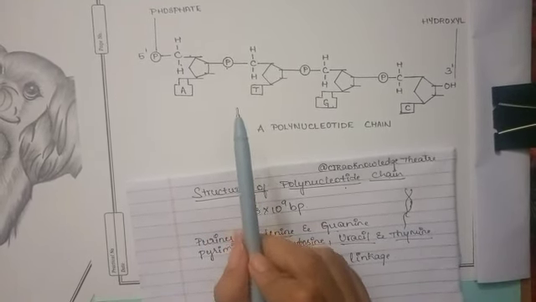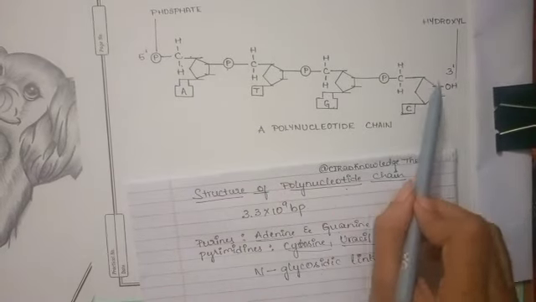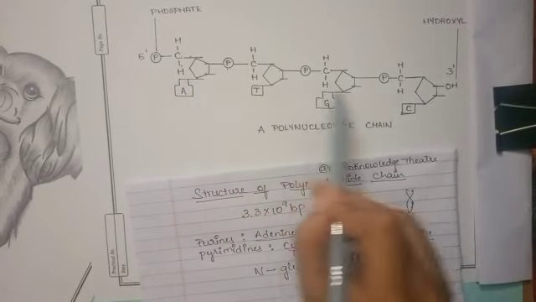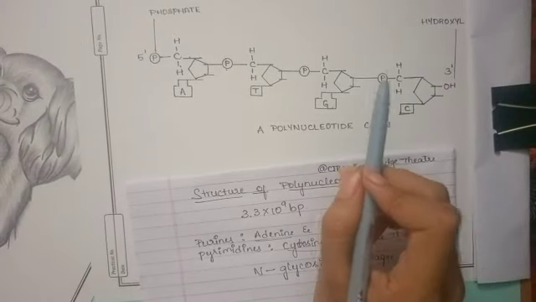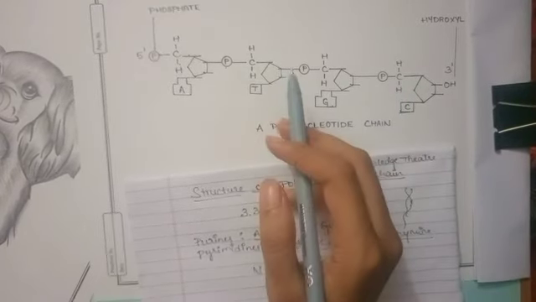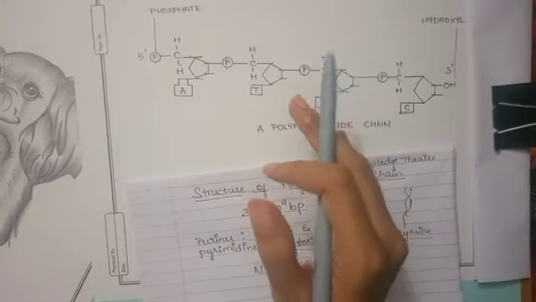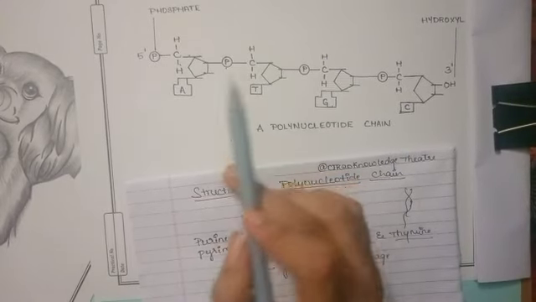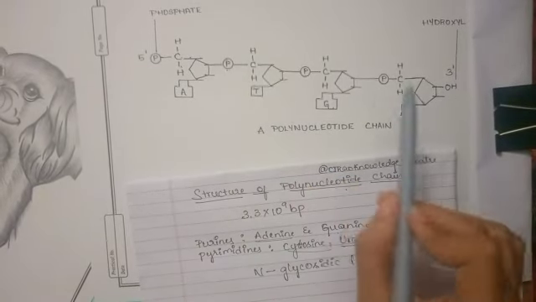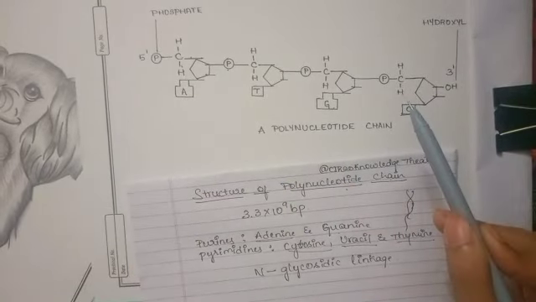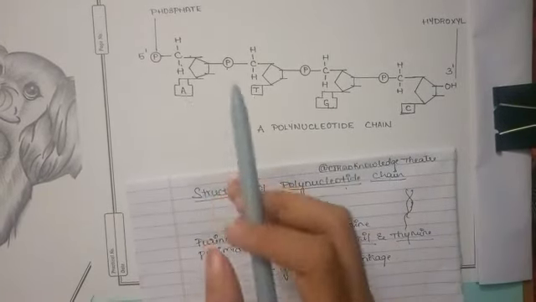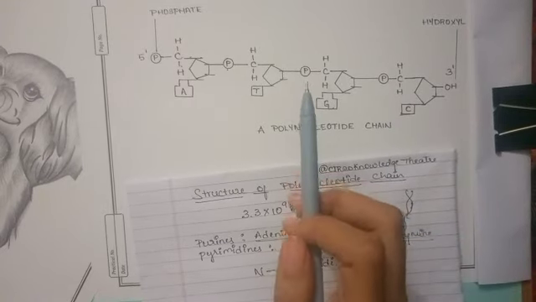Two nucleotides are linked together by a 3' to 5' phosphodiester linkage to form a dinucleotide. Then more nucleotides are joined together in such a sequential manner to form a polynucleotide chain.